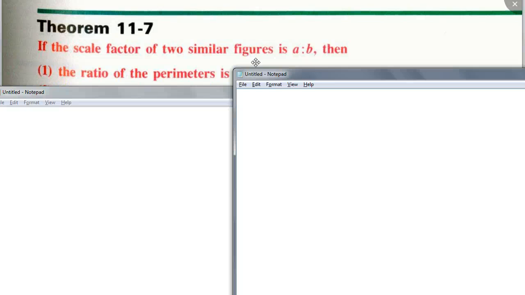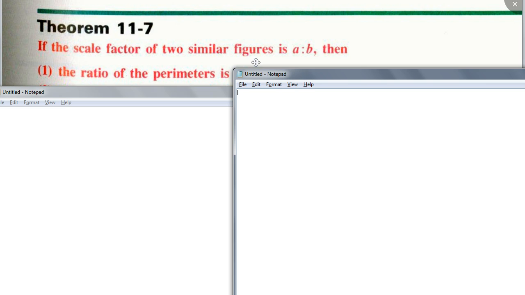What do you know about the corresponding sides of similar figures? They are in proportion, correct? So what do you think about their perimeter? Yeah, they'll also be in proportion too. You're just basically adding up all these things that are in proportion, right?